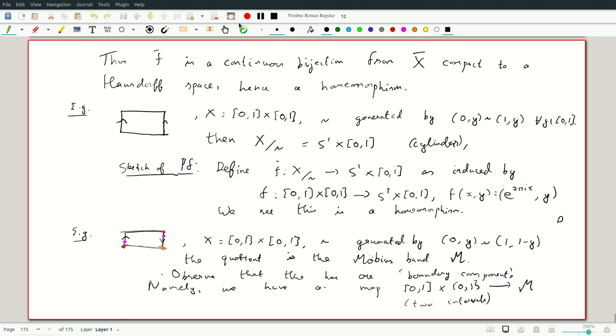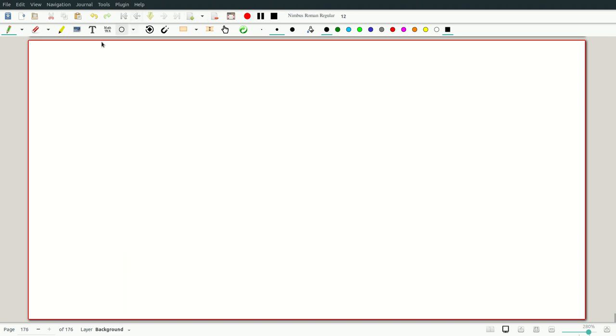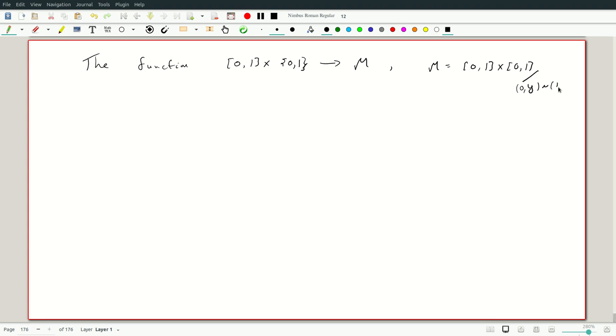So the map, the function [0, 1] cross the pair {0, 1} to M. So M is, remember, [0, 1] cross [0, 1] divided by, I'll just write it as (0, y) is equivalent to (1, 1 minus y) for all y in, of course, the interval.